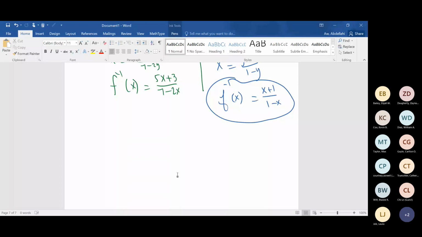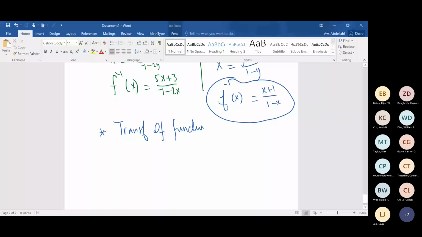Okay, what are we going to test on? Transformations of functions, inverse functions. Let me list all the stuff right here.